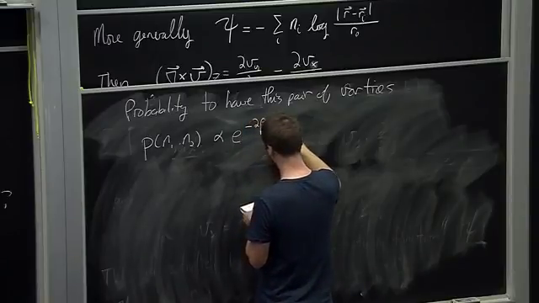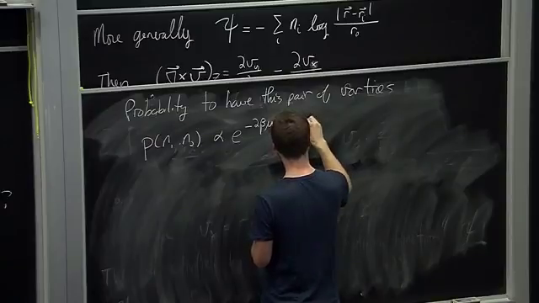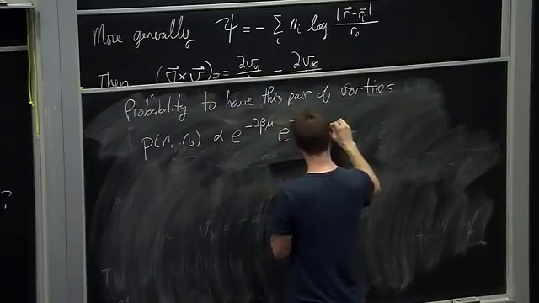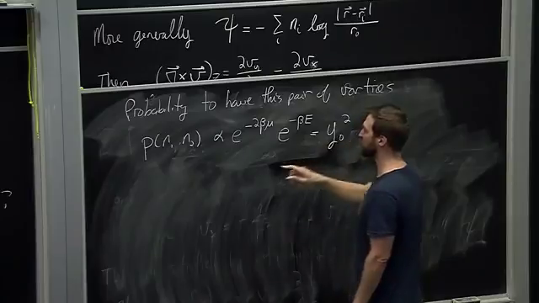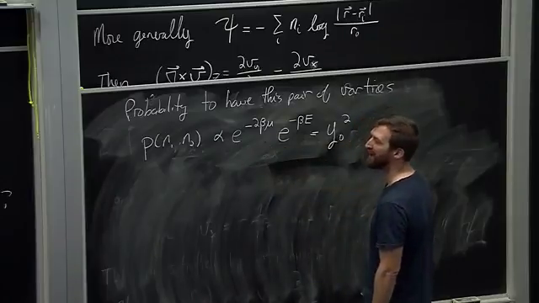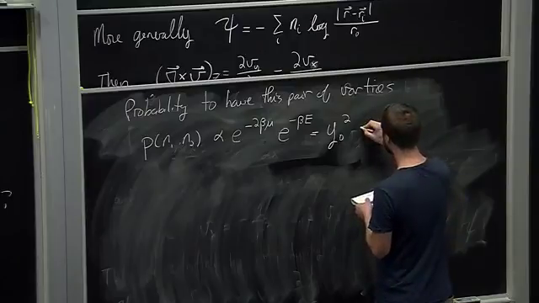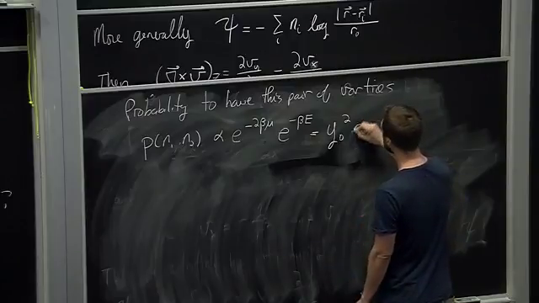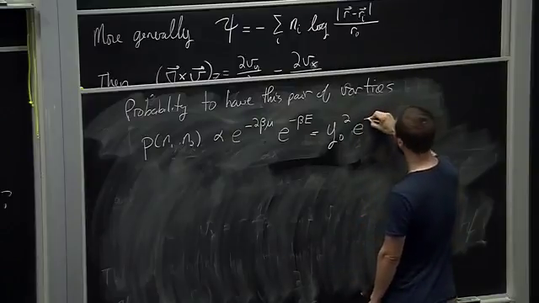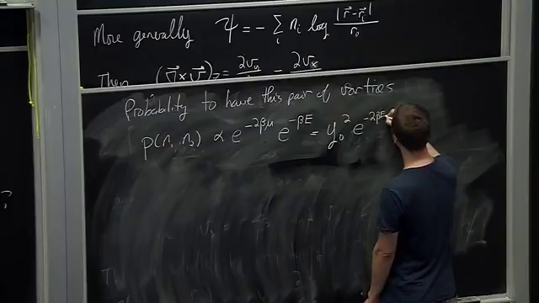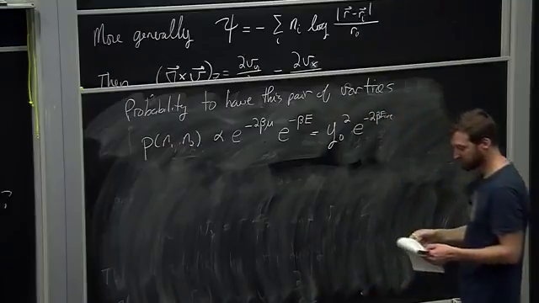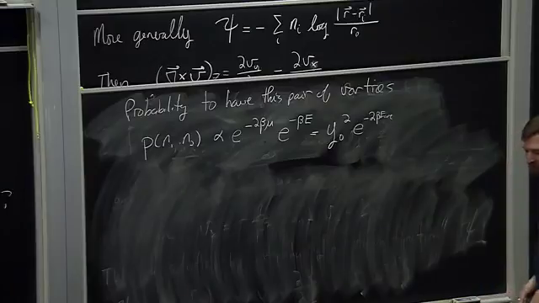I'm probably going to lose track of this factor of 2 somehow. So I have y naught squared from this, and then I have 2 cores, minus 2 beta E core. There's no positional dependence in any of those parts.